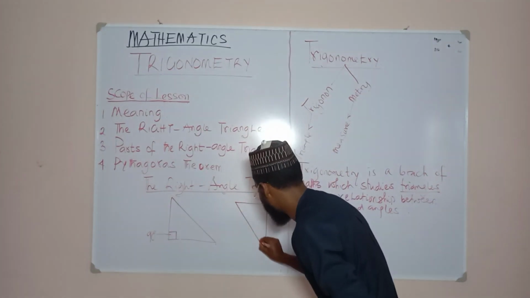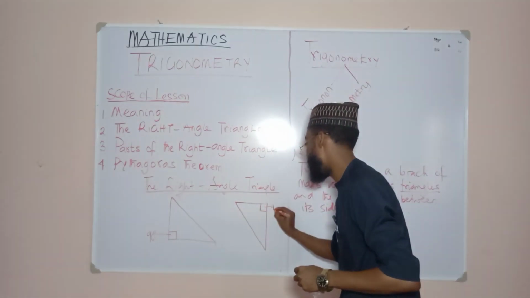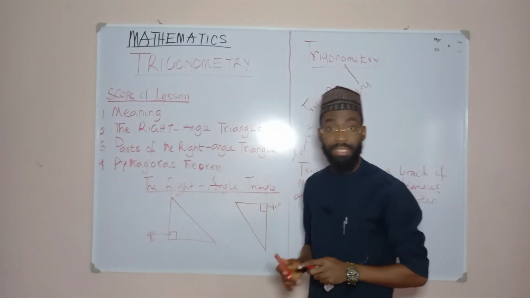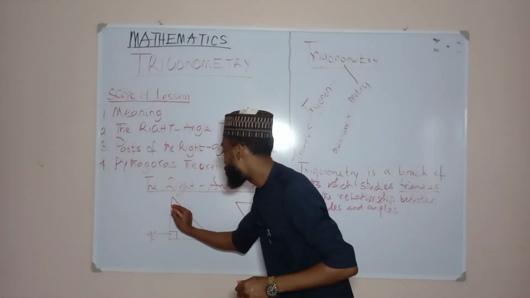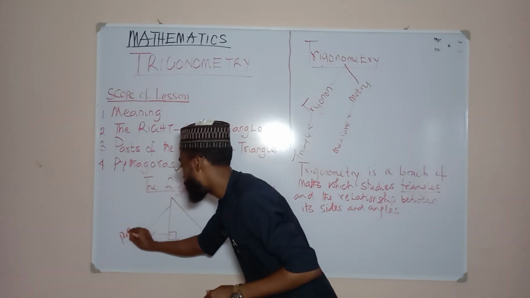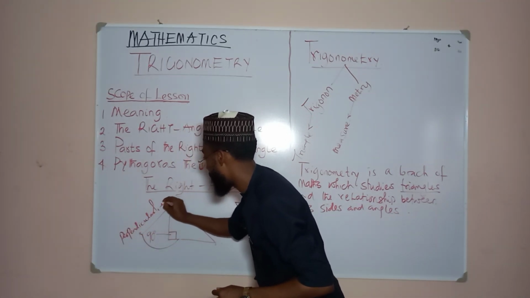You must be able to establish the 2 upright lines and the point where 90 degrees is made. Those 2 upright lines are called perpendicular lines.